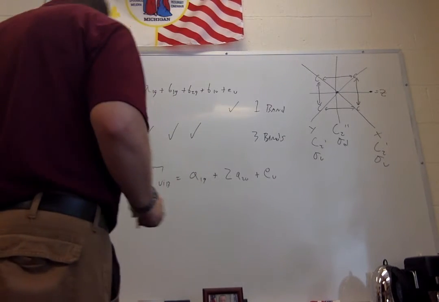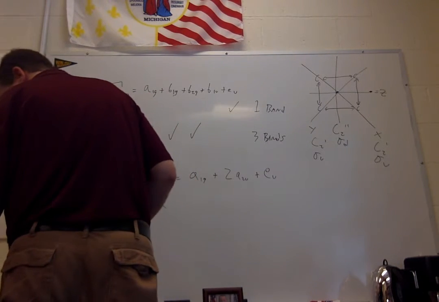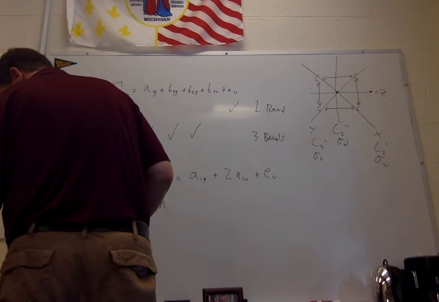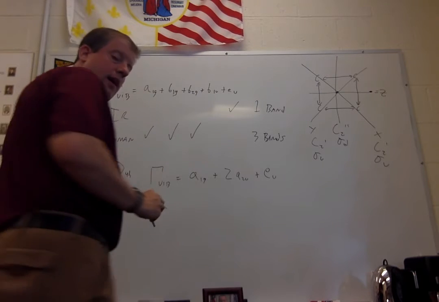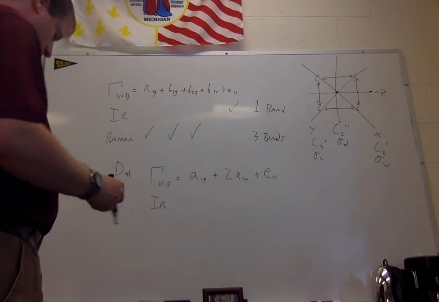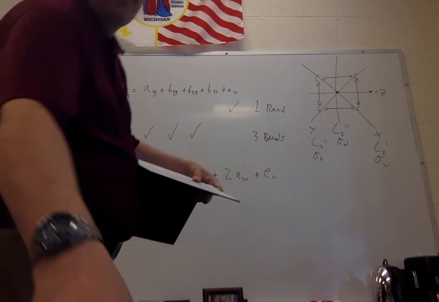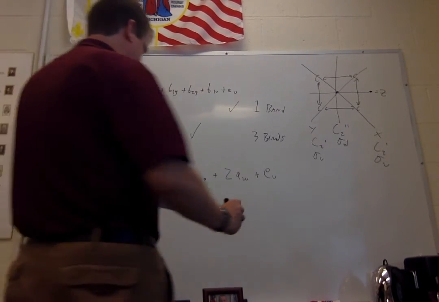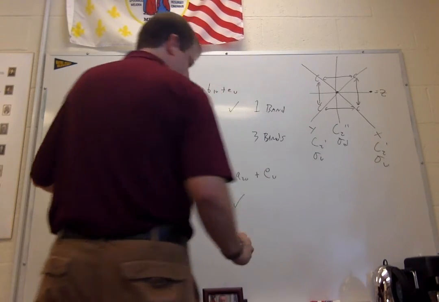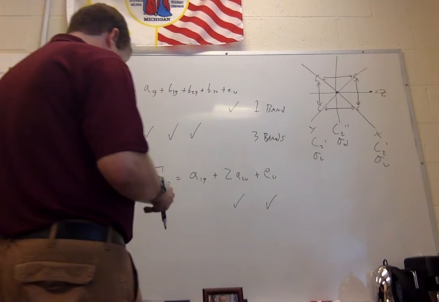Well, if we look in set 1, A1G is not IR active. There's nothing there. A2U has a Z in set 1, so that is IR active. And EU is the degenerate X and Y, and that's IR active.